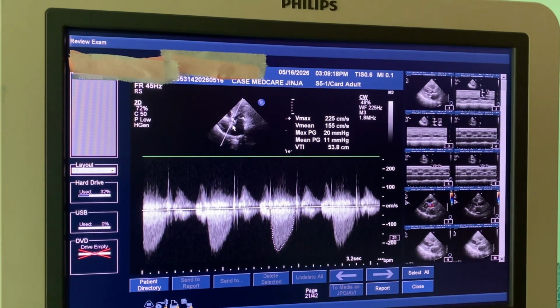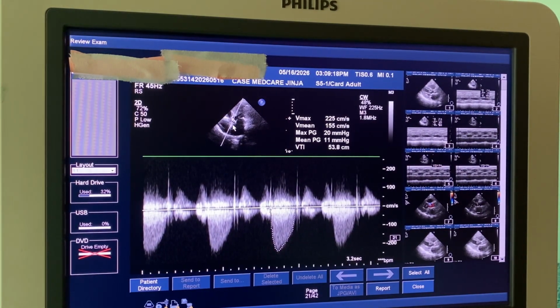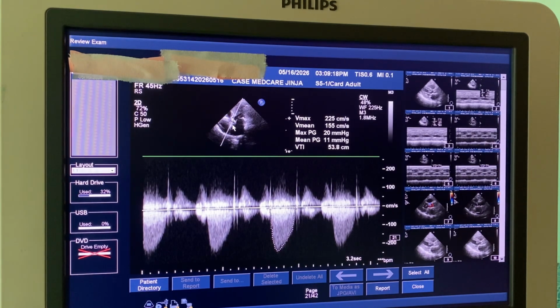So if we talk of velocity, what do we want for grading severity of aortic valve stenosis? If this Vmax is more than 4 meters per second, that is more than 400 centimeters per second, it is severe AS.